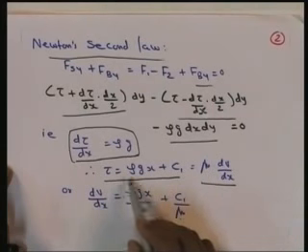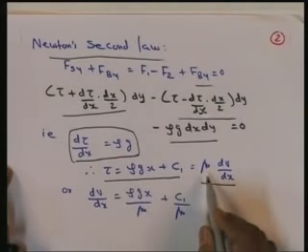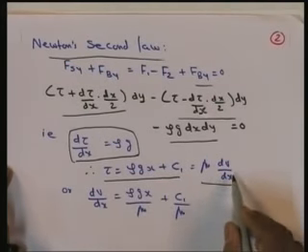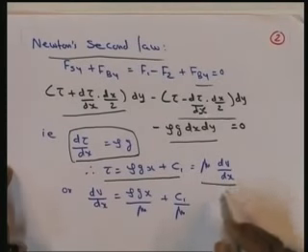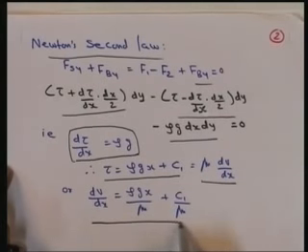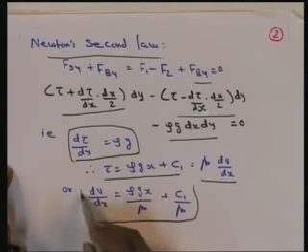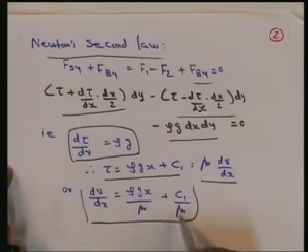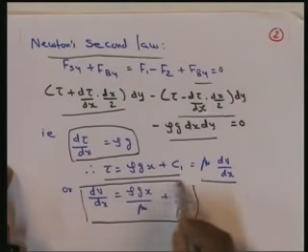So, tau is equal to rho g x plus c 1, that is equal to mu into dv by dx. So, finally we can write dv by dx is equal to rho g x by mu plus c 1 by mu.